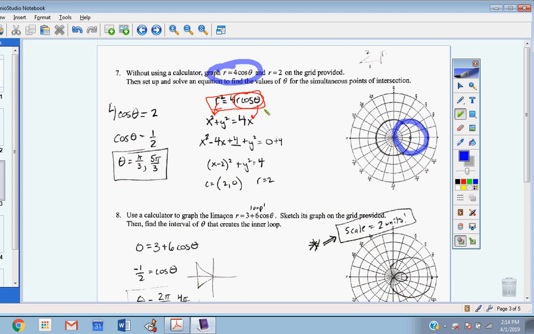Okay? Now, the next connection you really need to make is that when you have an equation in polar coordinates, points are being created as you put in angle measures. So when I actually put in theta of 0, you have to think about that as, what's my r value coming from here right now. What is my r value when I put in 0 for theta? Well, cosine of 0, knowing our quadrantals, cosine of 0 is 1, so the r value is 4.